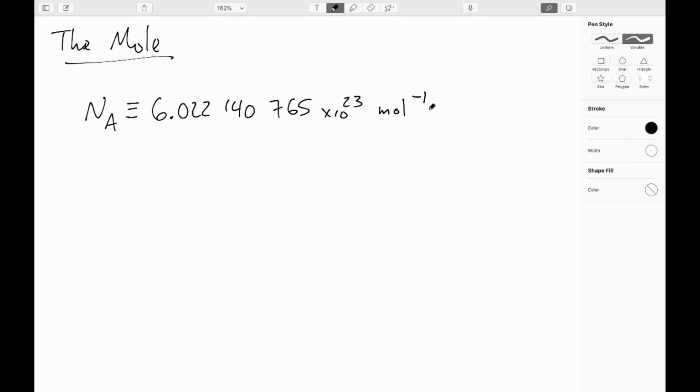And the inverse mole is just there to make units work out. And this is an exact number. So if you have a mole of bricks, you would have 1 mole times Avogadro's number, this many bricks. And again, this is now an exact number.